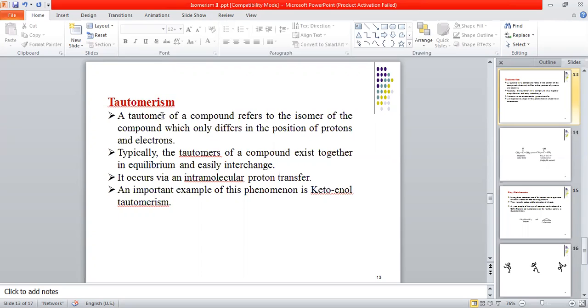This reaction commonly results in the relocation of a proton, and it is relevant to the behavior of amino acids and nucleic acids, two of the fundamental building blocks of life. Tautomers exist together and can easily interchange. A proton will be transferred, and as I told you, there will be interconversion between the ketone and alcohol group. That is why this is also called keto-enol tautomerism.